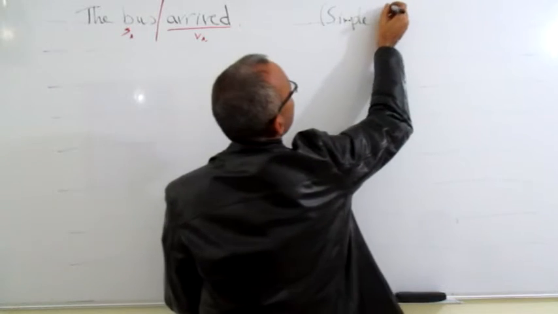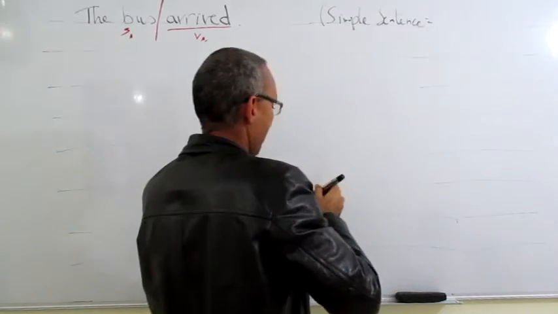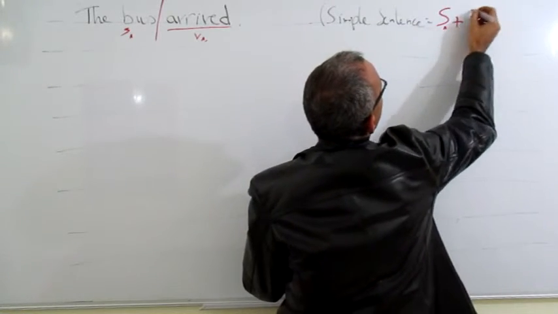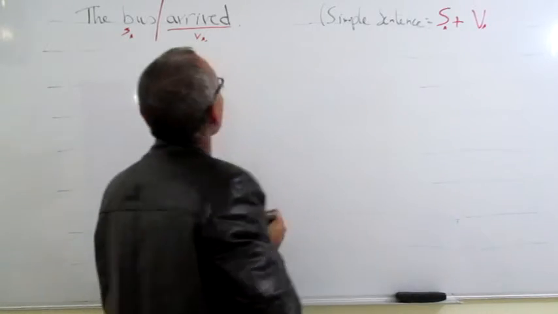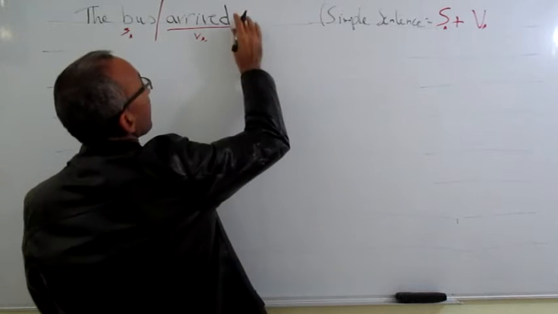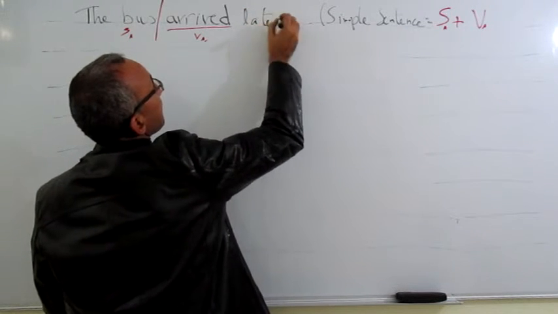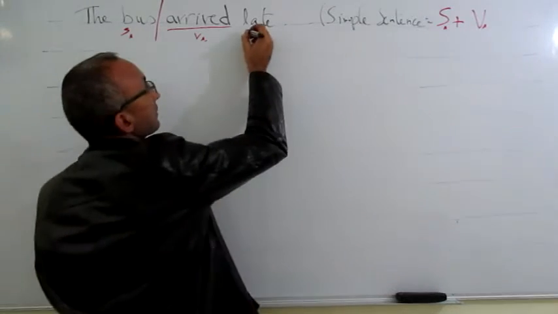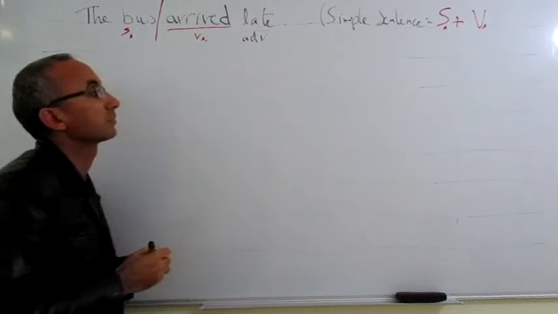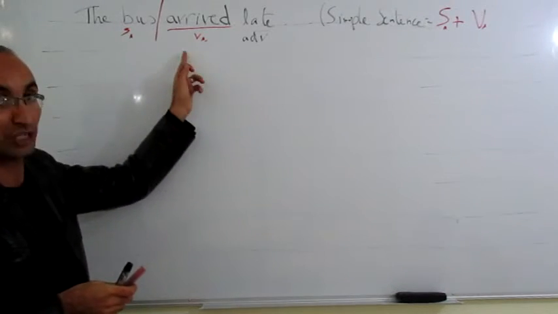Simple sentence equals what? One S plus one V. Good. Now if I add, for example, arrived late. Late is an adverb. Now here, does the type change or not?